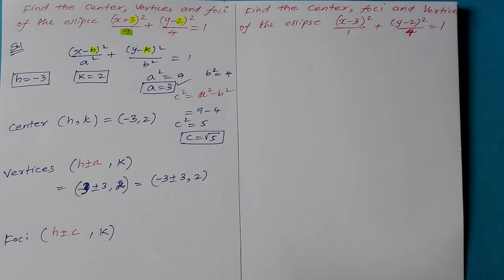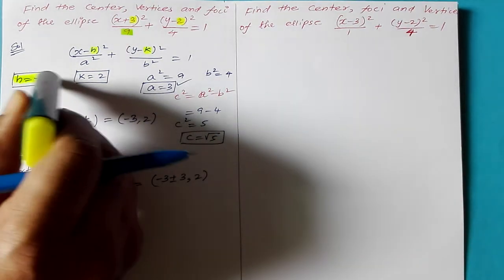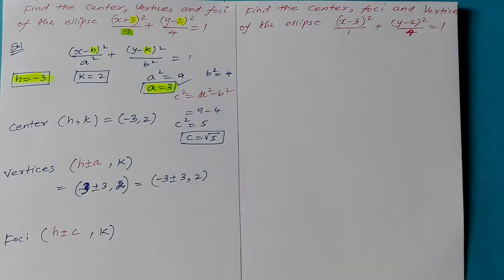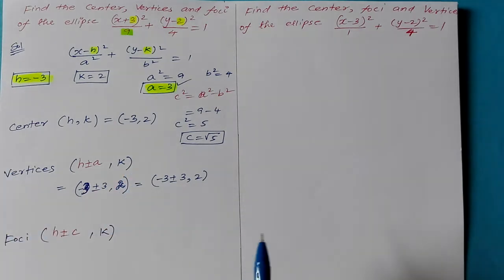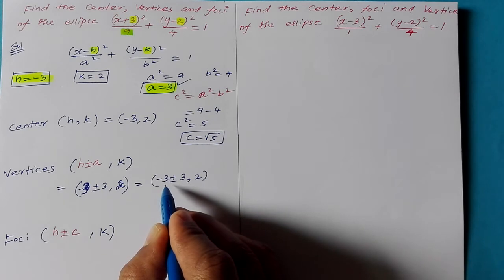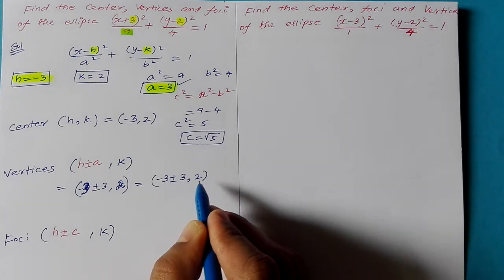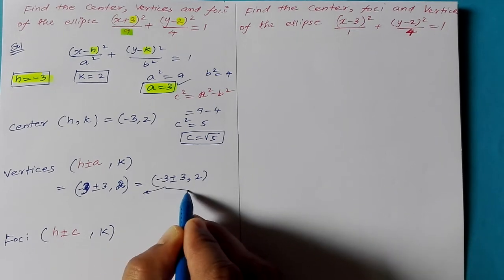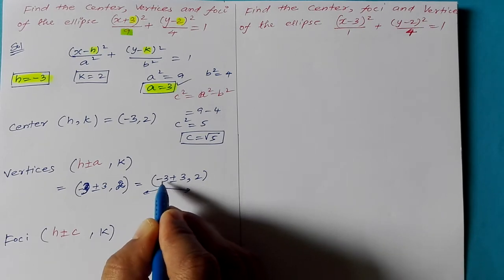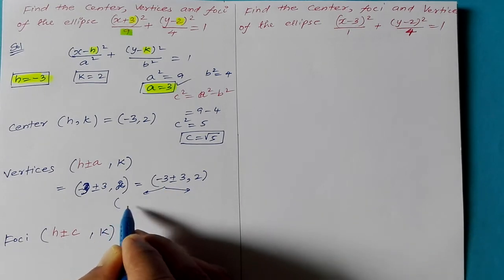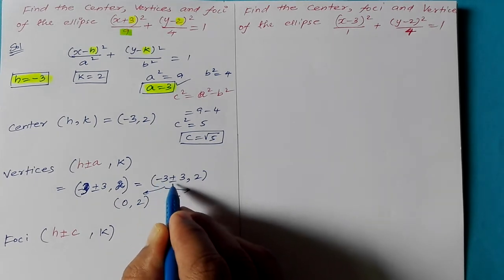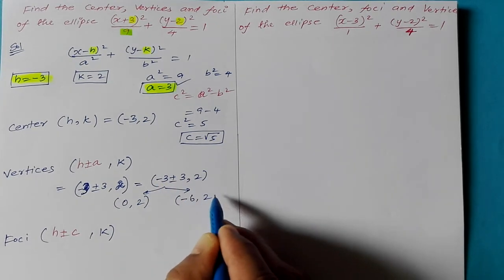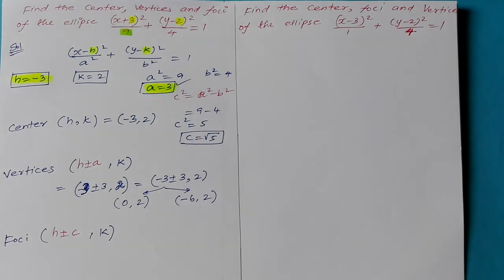Because h is equal to minus 3 and a is equal to 3. Therefore minus 3 plus or minus 3. You have to calculate two values, one positive, one negative. Adding, we get 0 comma 2. If you subtract, minus 3 minus 3, you will get minus 6 comma 2. So these are the two values of the vertices.